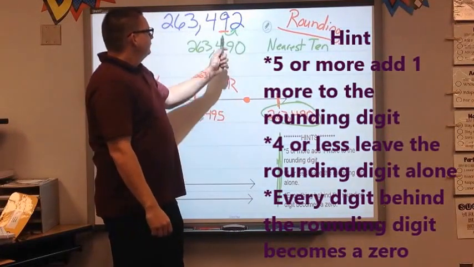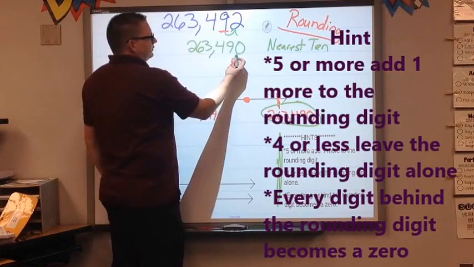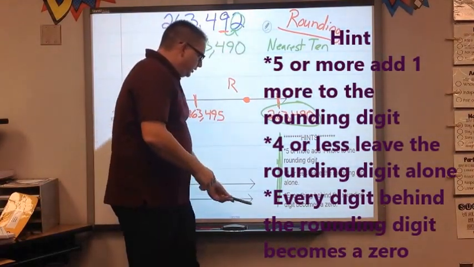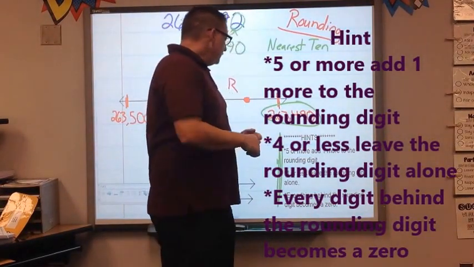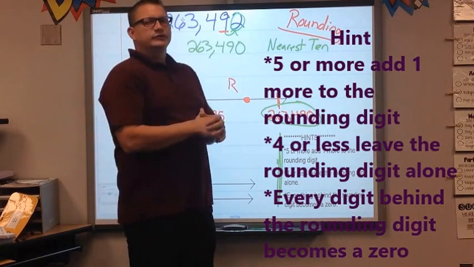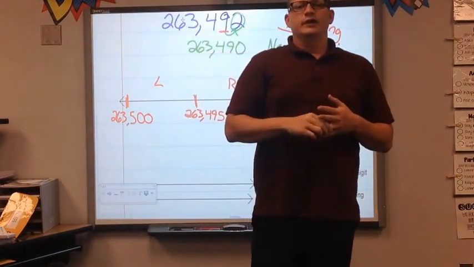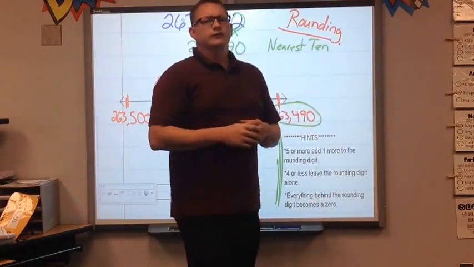And then after I mess with it, everything after the rounding digit becomes a 0, right? So this is going to turn into a 0. All right? Those are huge hints. I want you to read over those, okay? I'm going to do one more. And just remember, everything behind your rounding digit becomes a 0. So, guys, if you're doing your rounding digit and everything behind it is not a 0, you're definitely going to be wrong, okay?